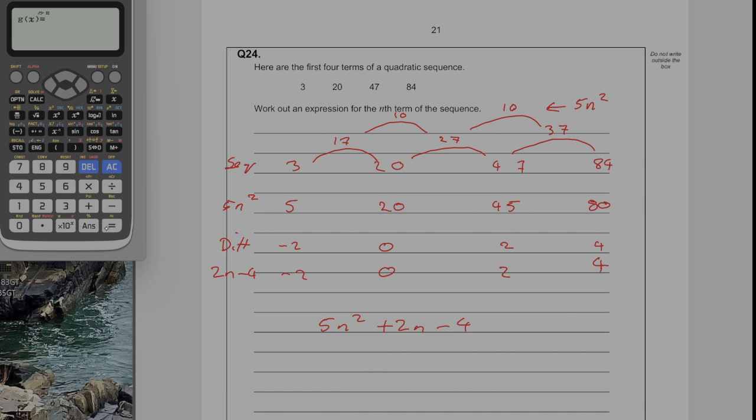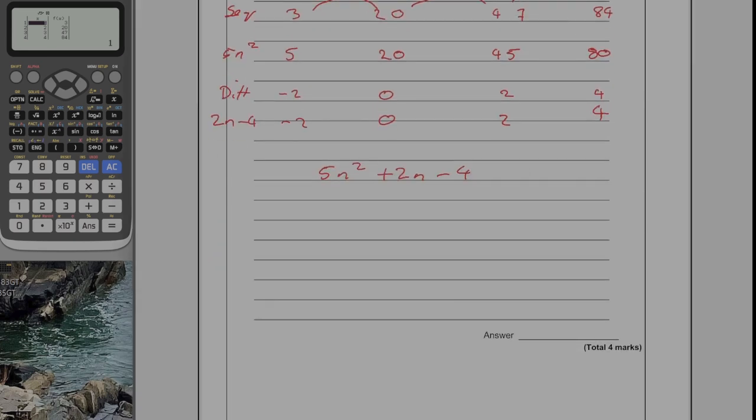I want the first 4 terms, don't need the second function. I want to start at 1 and end at 4, but ending at 5 is fine. So that says that my first sequence should be 3, then 20, then 47, then 84. So that's fine. So my sequence is 5n squared plus 2n minus 4.